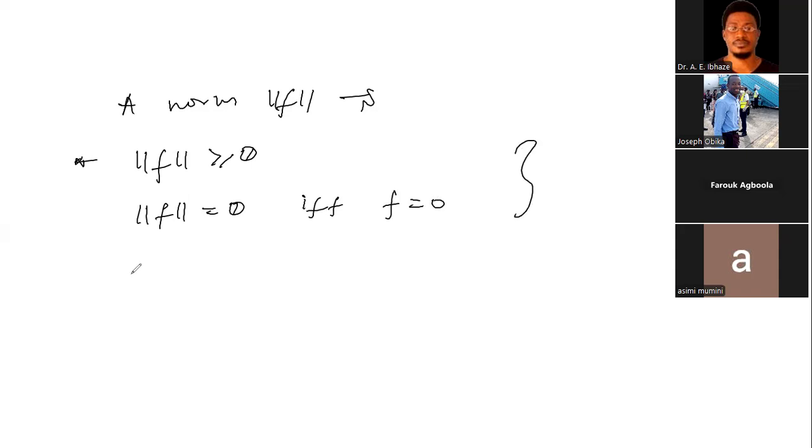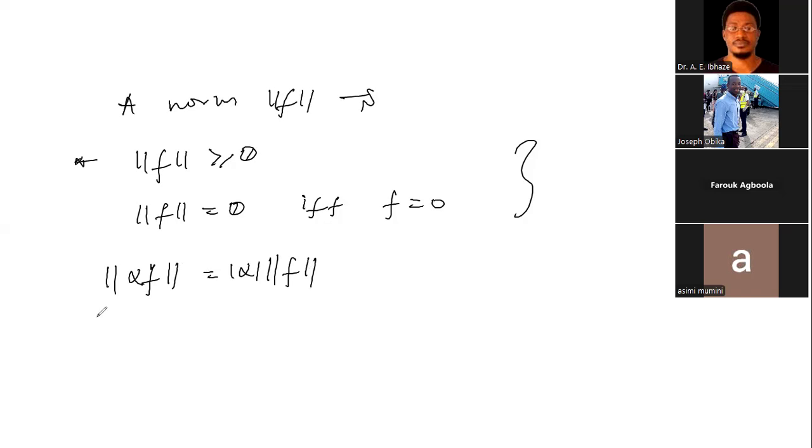And also the norm of the scalar multiplication of a function is the same as the magnitude of the scalar times the norm. Okay, so for any scalar.